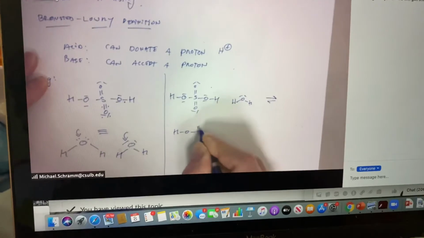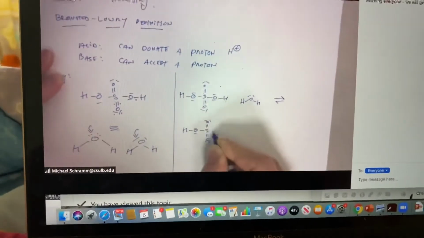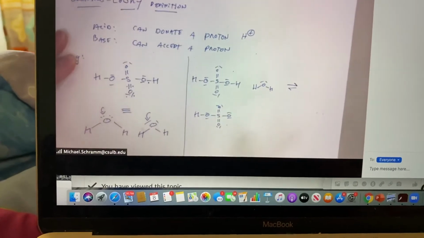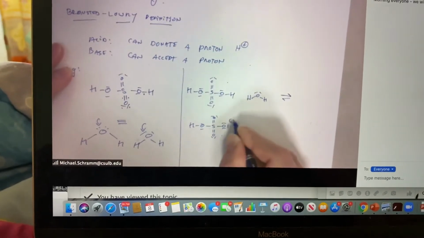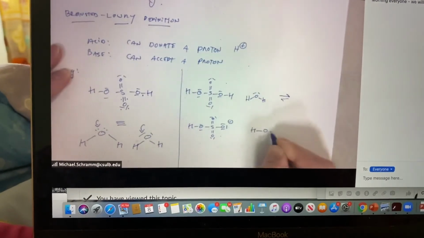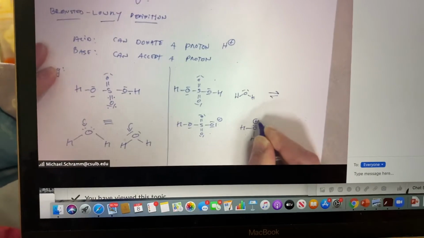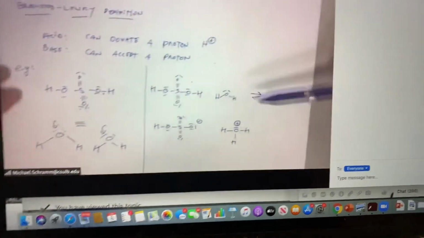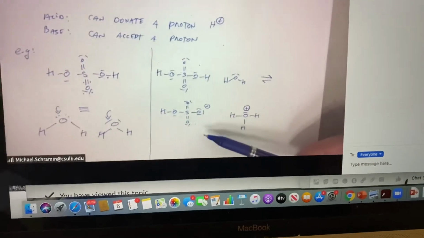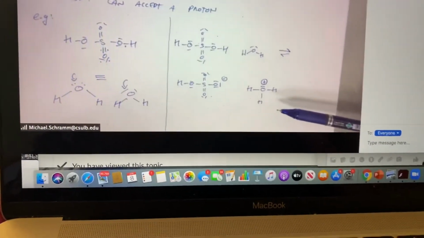And when we dump sulfuric acid into water, or mix it with it, something happens. We take sulfuric acid and drop it into water. We get sulfate, and we get hydronium ion.